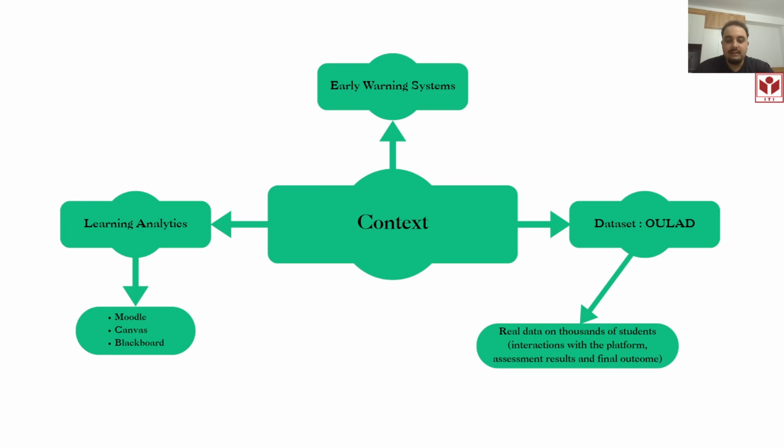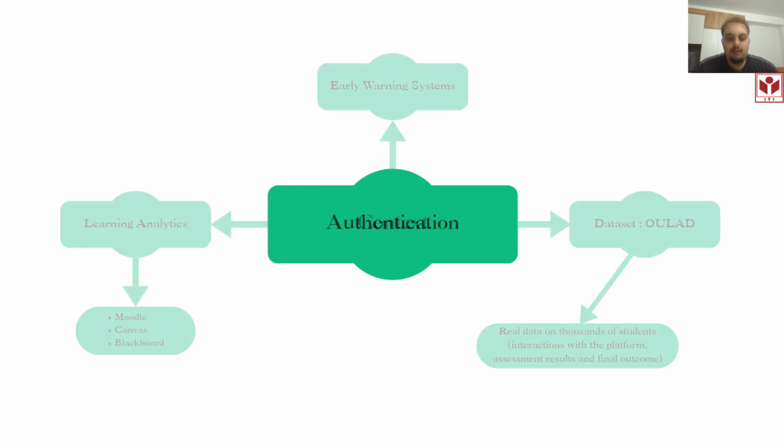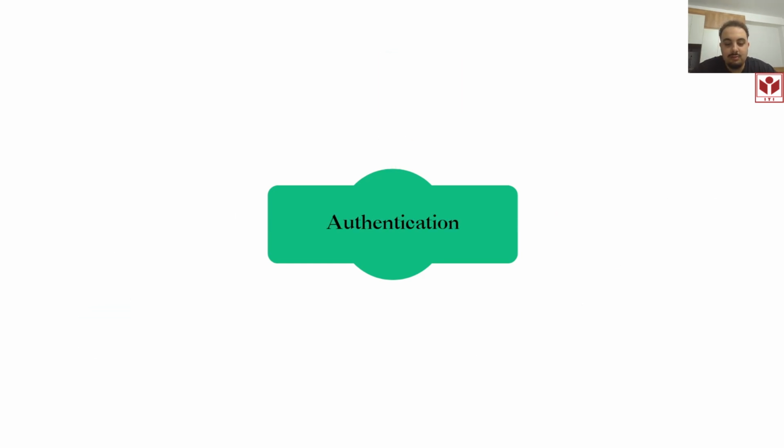This context justifies the need for a robust authentication system with role management, because in a real institution, a teacher should only see their own students, and, for example, an academic advisor needs a broader view. Before diving into the implementation, let me explain the theoretical concepts behind what we are building.